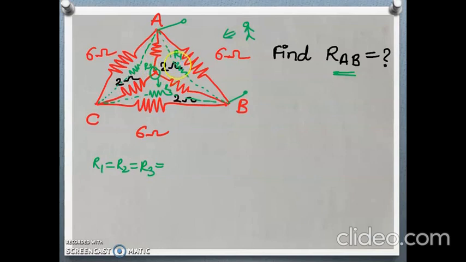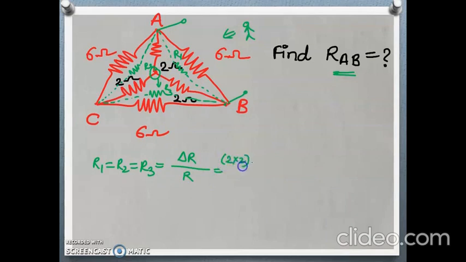So R1 is connected between these A and B points. So it will be delta R upon R, and delta R is the sum of product of two resistances each time.